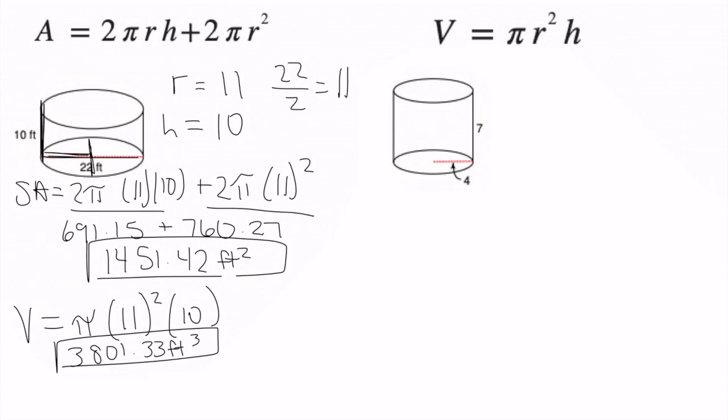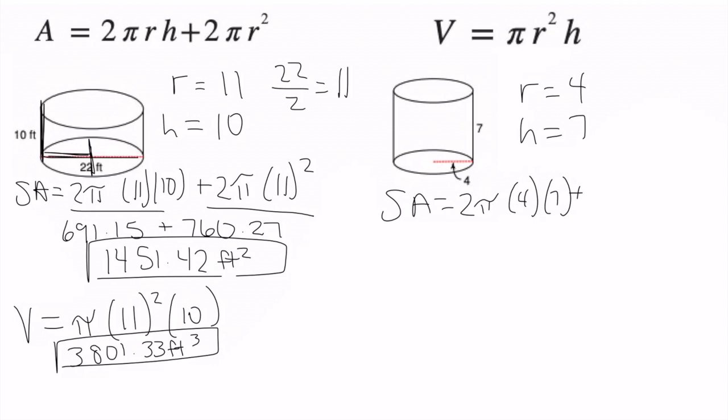All right, and then here we have a radius of 4, height of 7. So that'll give us a surface area of 2 pi times 4 times 7 plus 2 pi times a radius of 4 squared. That'll give us, for this part, 175.93 plus 100.53.